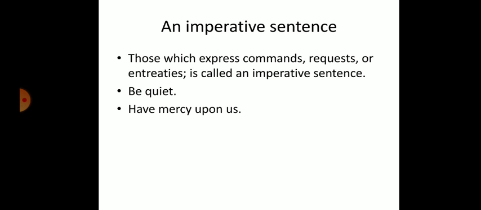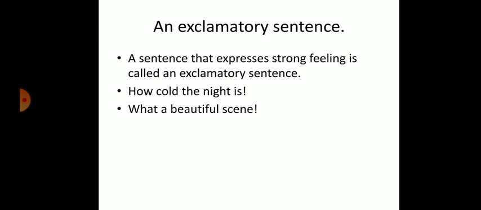Examples are when you order somebody, be quiet. When you request somebody, have mercy upon us. When you make a commitment by saying, surely we may be there, and when you make a humble request, please help us. All of these are examples of imperative sentences.